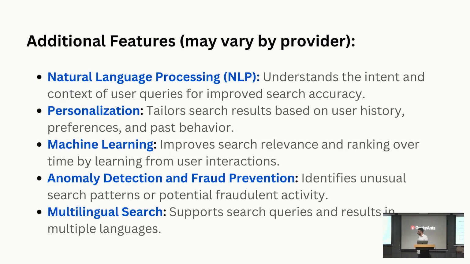Additional features they provide apart from natural language processing, I think, sir, you were speaking about personalizing search results, right? So models like this also personalize the search results, where it will read the user's history and past behavior and then show the details. And it also has multilingual search.